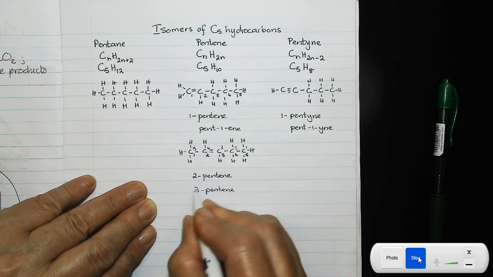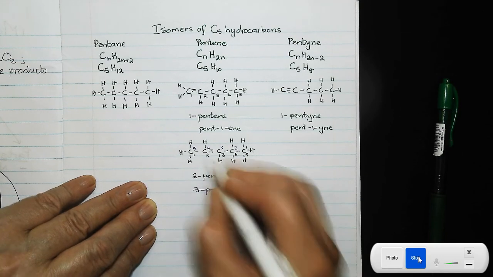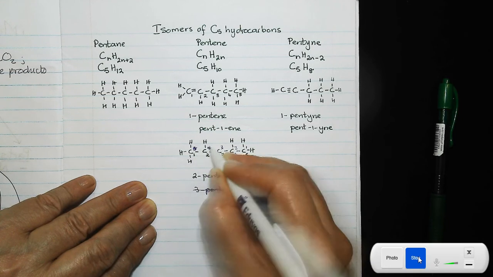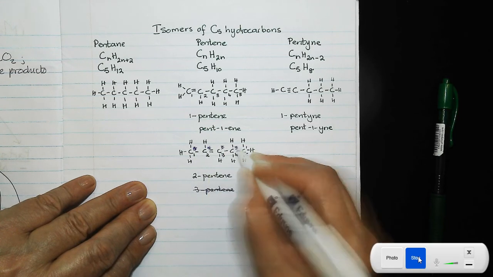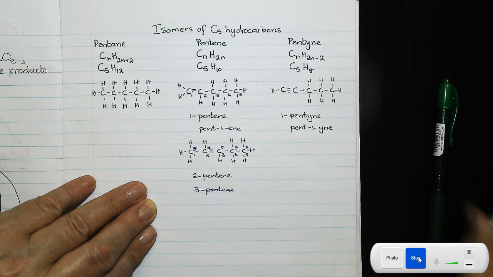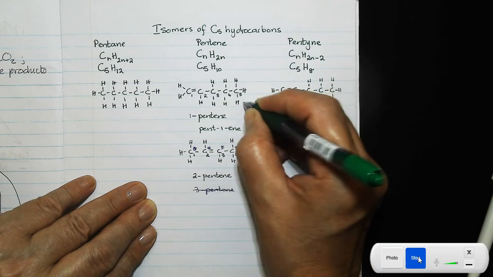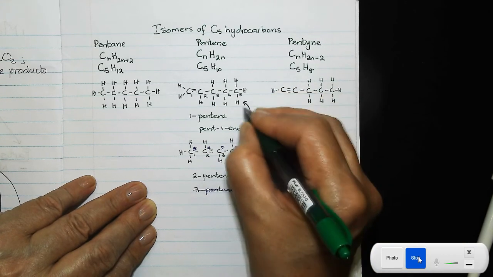So 3-pentene is not an isomer of pentene. So these two molecules are called positional isomers.